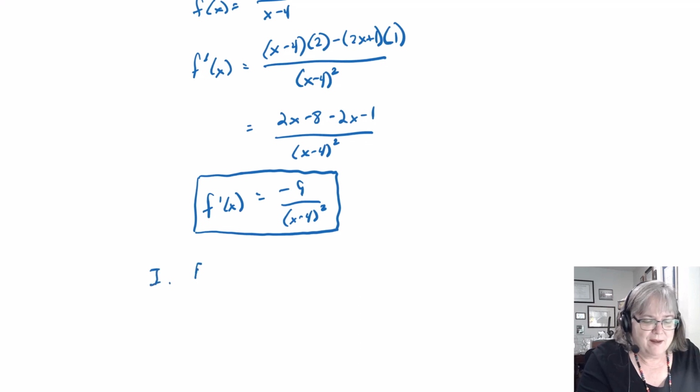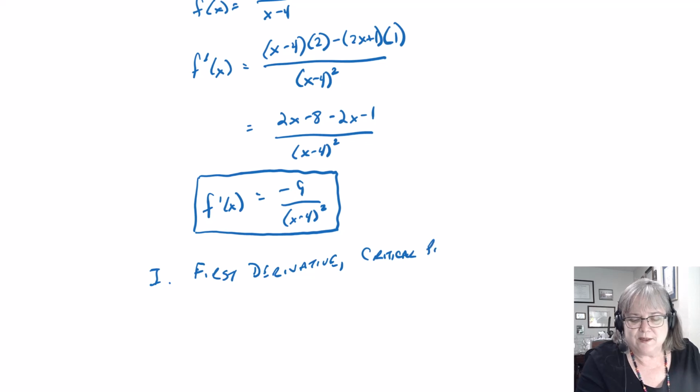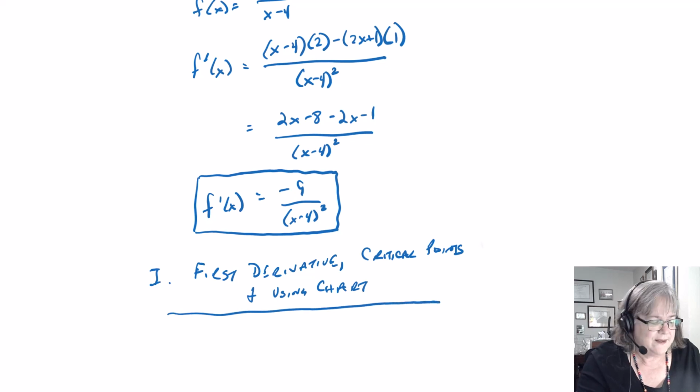Excuse me. So then we're going to use the first derivative to talk about or try to explore critical areas, critical points, values, whatever you want to call them, and using a sign chart. Different teachers have different ways to analyze this.